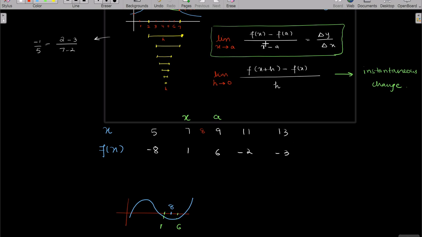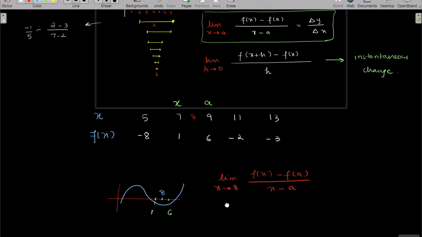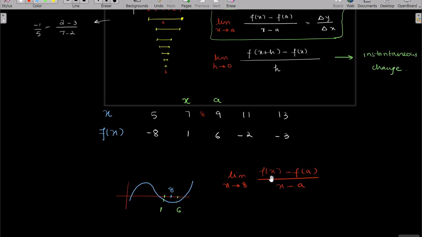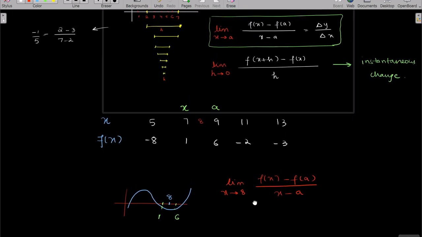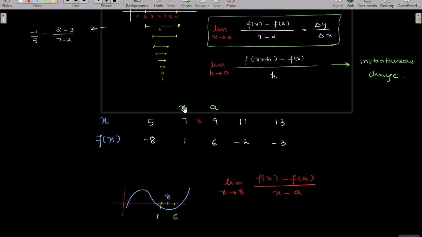So f of x minus f of a over x minus a, and here x is tending to 8. We are approaching 8. Okay, Anika, so let's find out what is f of x. x we have taken as 7, and a we have taken 9.